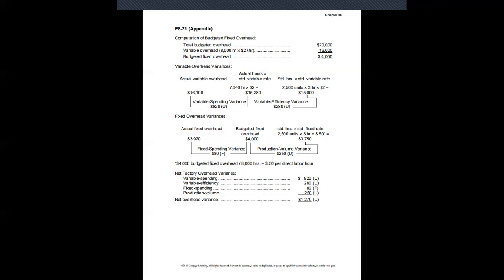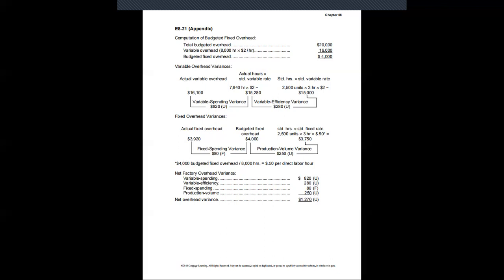For the variable overhead variances, the actual variable overhead is 16,100. We now get the actual hours times standard variable rate. The actual hours, 7,640, times the standard variable rate of 2, gives 15,280. So the difference is 16,100 minus 15,280, a difference of 820.